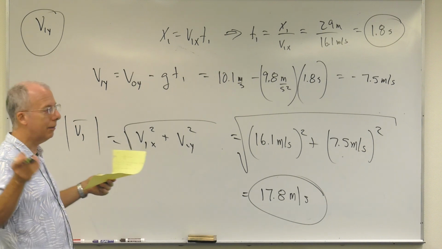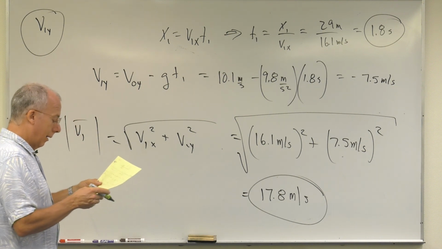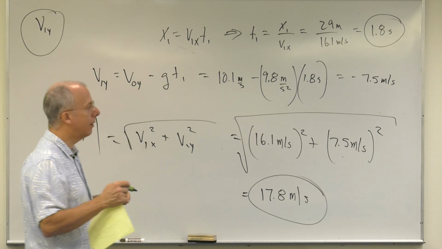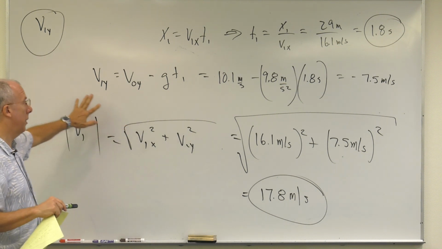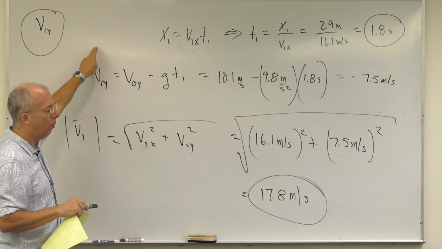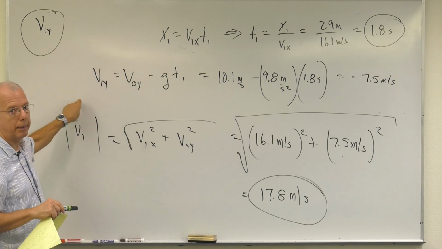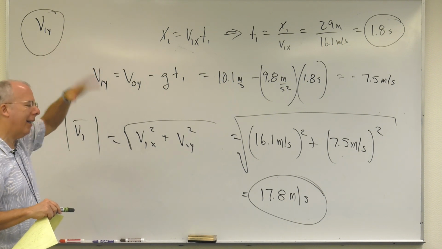Okay? All right. Very good. So, there you go. This was a tougher one because you had to get t1 before you could get what you really wanted. But that's what you're going to see a lot. All right, thank you very much.